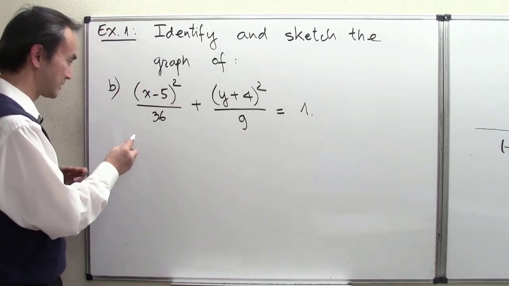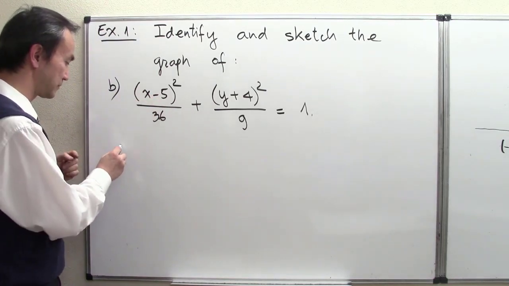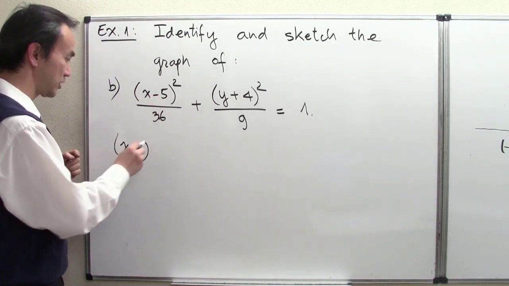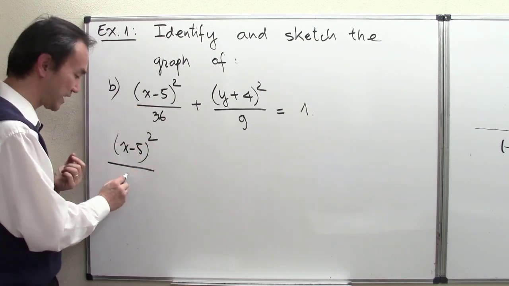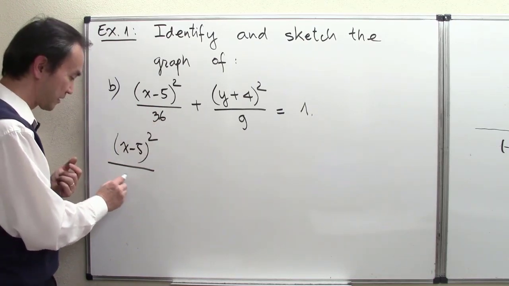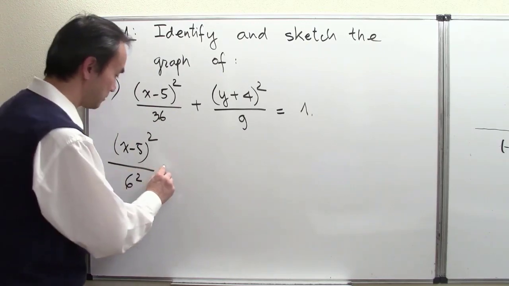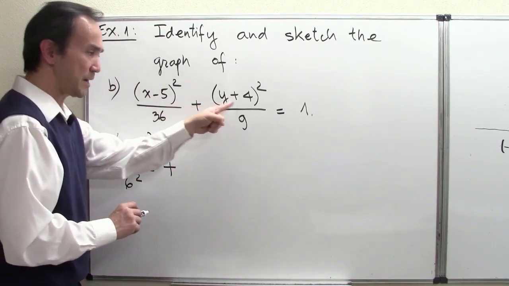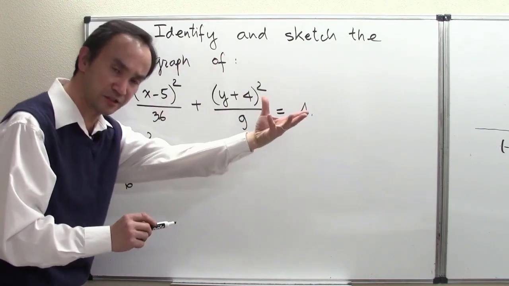So here it is already obvious that we have x minus 5 all squared over, now the 36 here, it's best to think of that as a perfect square, or as the square of some other value a. So here 36 is a 6 squared. Now adding y plus 4 here, but our general standard form is y minus a value k.